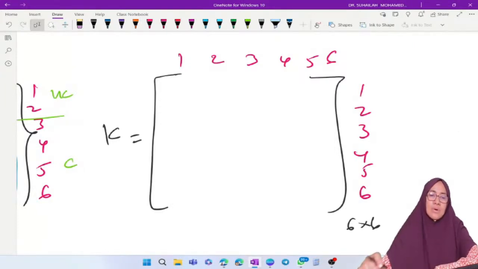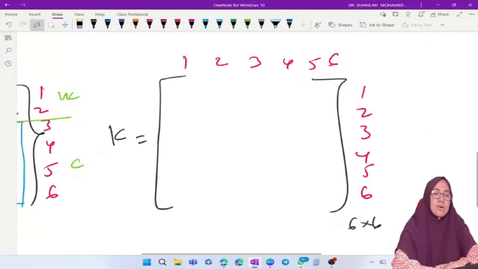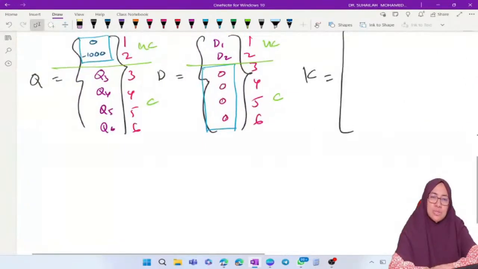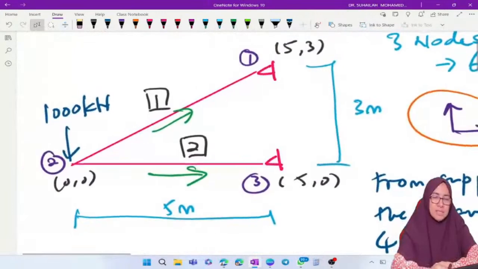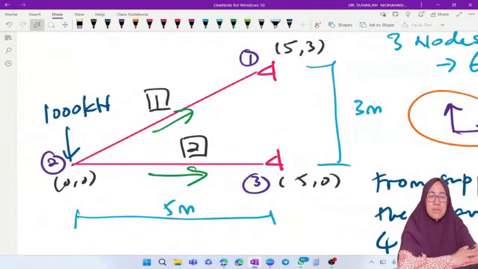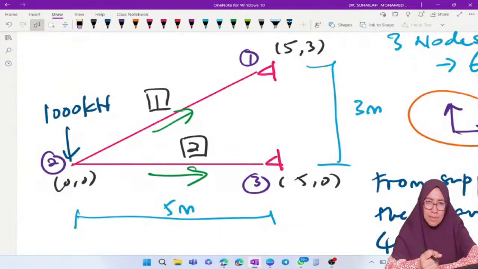So now we will establish this K value. From this, we will extract one element at a time. We will produce K1 for element 1, K2 for element 2 separately, then only we combine.